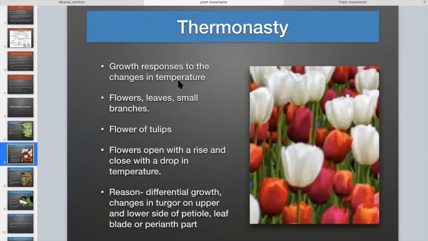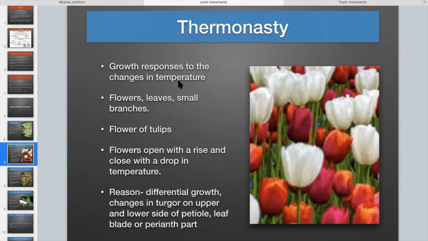The second type of nastic movement is called thermonasty. Thermo means temperature. The stimulus here is temperature. If there are growth responses to changes in the temperature of the atmosphere, we call them thermonastic movements.